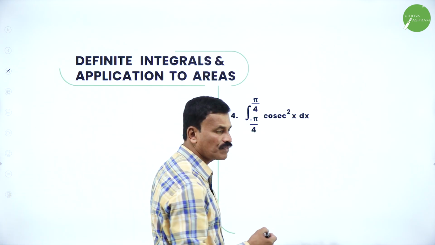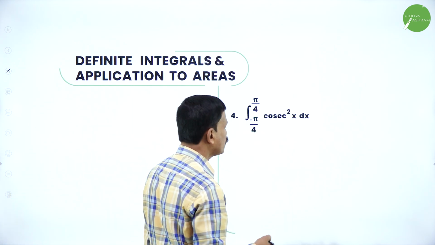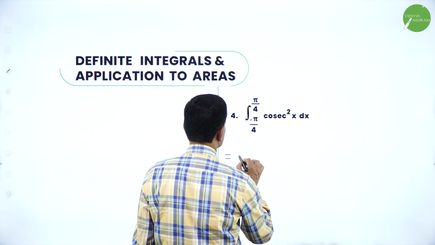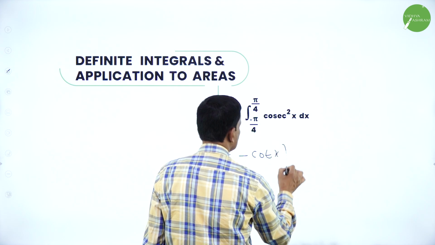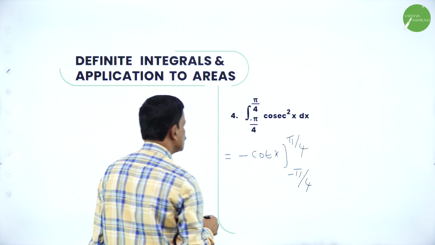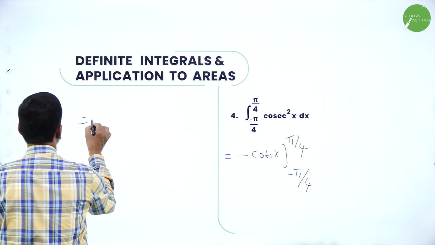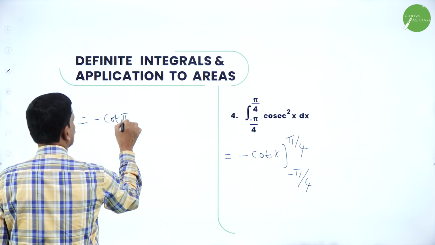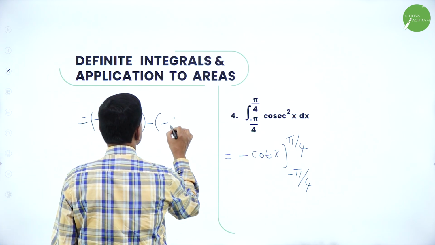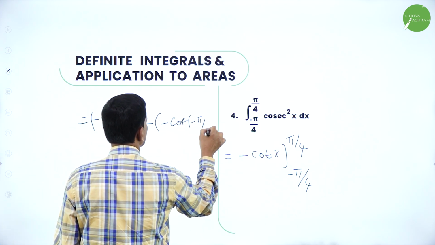Integral of minus pi by 4 to plus pi by 4 of cosecant square x dx. Integral of cosecant square x is minus cot x between the limits minus pi by 4 to plus pi by 4. Just apply the limits. So minus of cot pi by 4 minus of minus cot pi by 4.